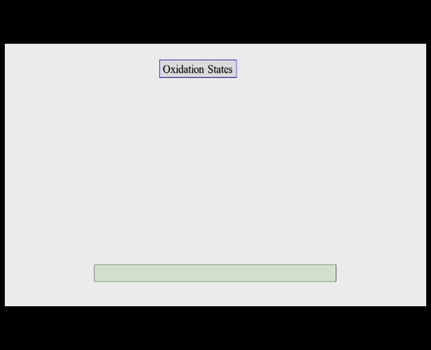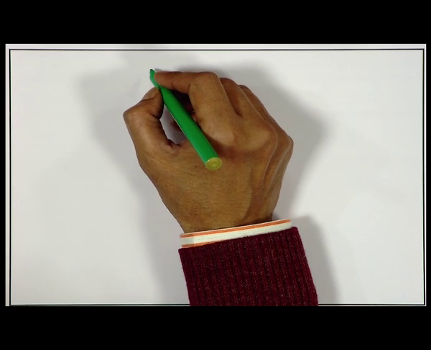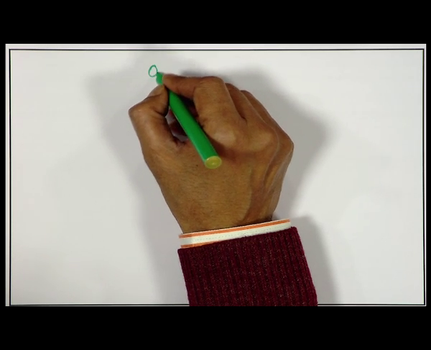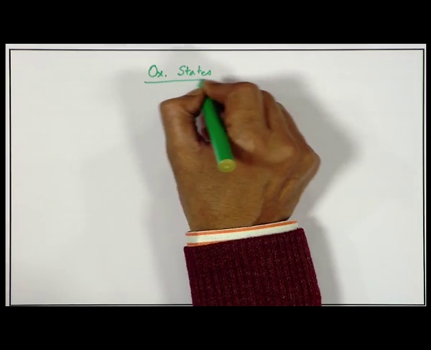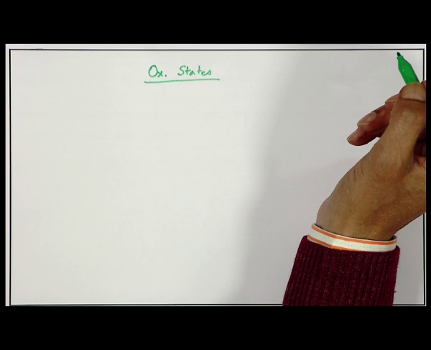We will be getting some oxidation states, whether in the gaseous state, the corresponding solution state, or the aqua state. So, oxidation states, how do we get those oxidation states?